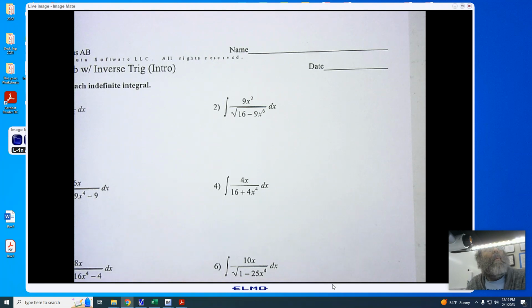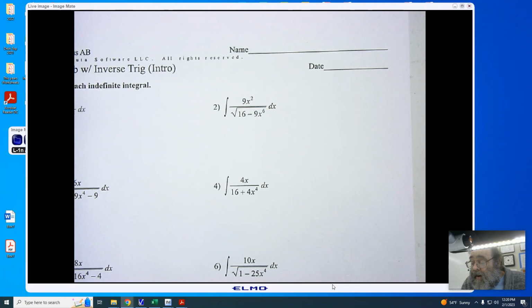And you'll notice here are the problems. Number 2 is the integration of 9x squared divided by the square root of 16 minus 9x to the 6th, the quantity, dx. Number 4, the integration of 4x divided by the quantity of 16 plus the 4x to the 4th, the quantity dx.